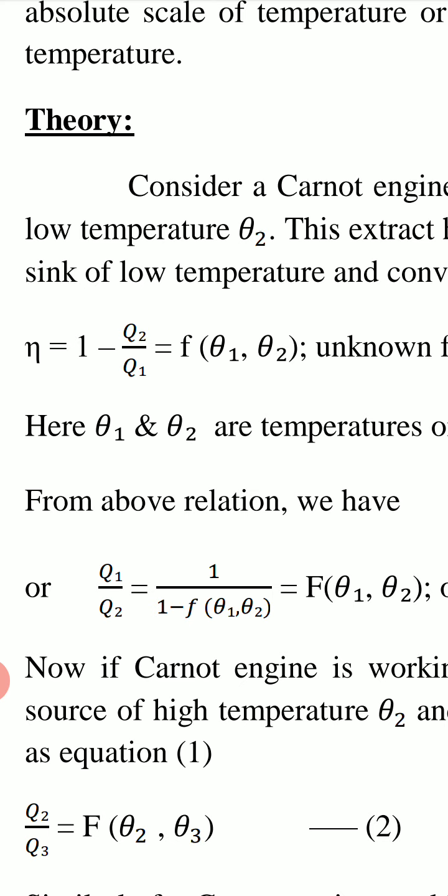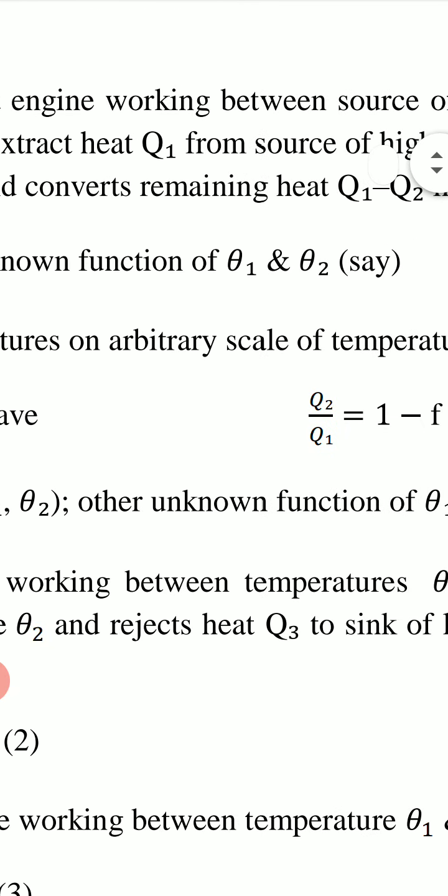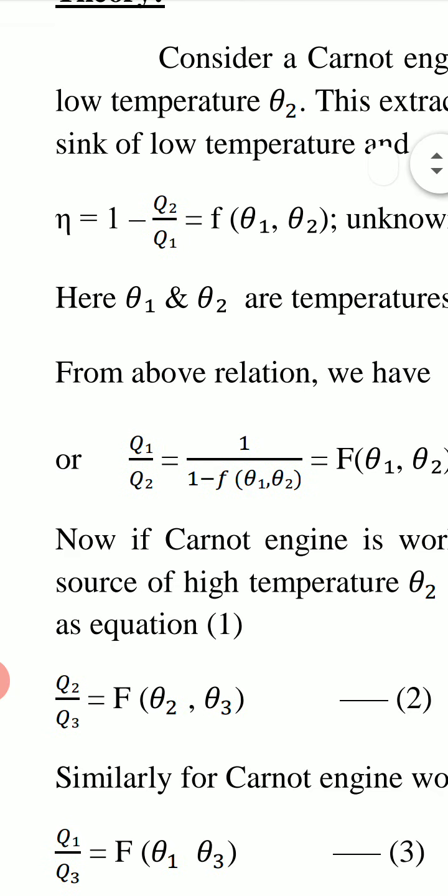If temperature of source and temperature of sink are θ1 and θ2, then this efficiency will be equal to f(θ1, θ2), where f is some function of θ1 and θ2. Here θ1 and θ2 are temperatures on arbitrary scale of temperature.